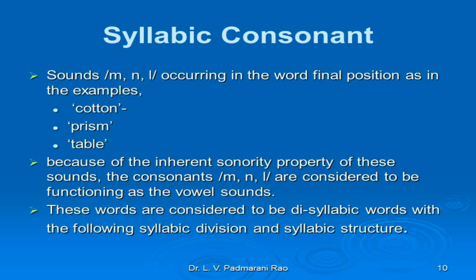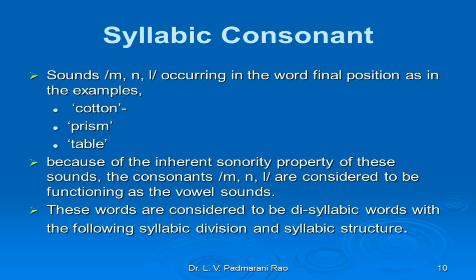The next concept that you have associated with the syllable and the consonant clusters is the syllabic consonant. In English words, it is a mandatory phenomenon that a syllable has to have a vowel sound in it. But sometimes, if the words have sounds like m, n, or l, m and n are nasal sounds, l is a lateral sound, occurring in the word final position, as in the examples of cotton, prism, table.